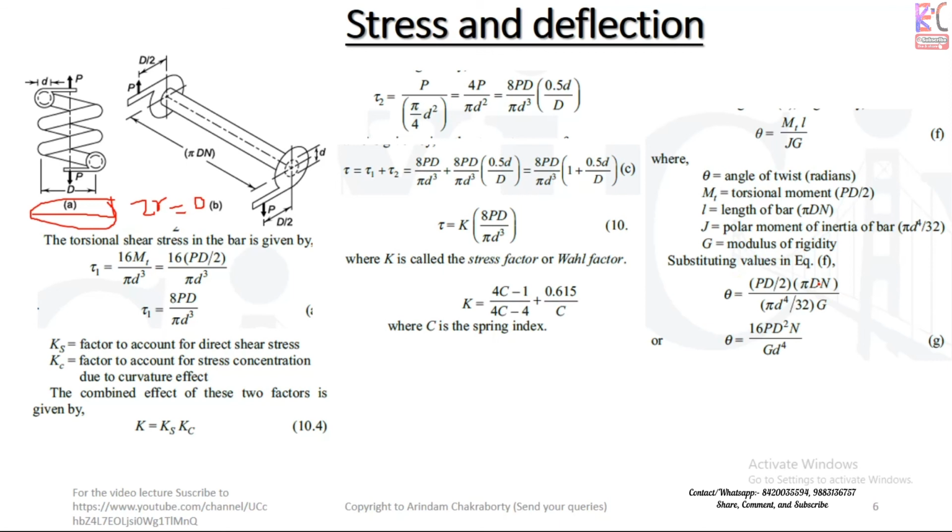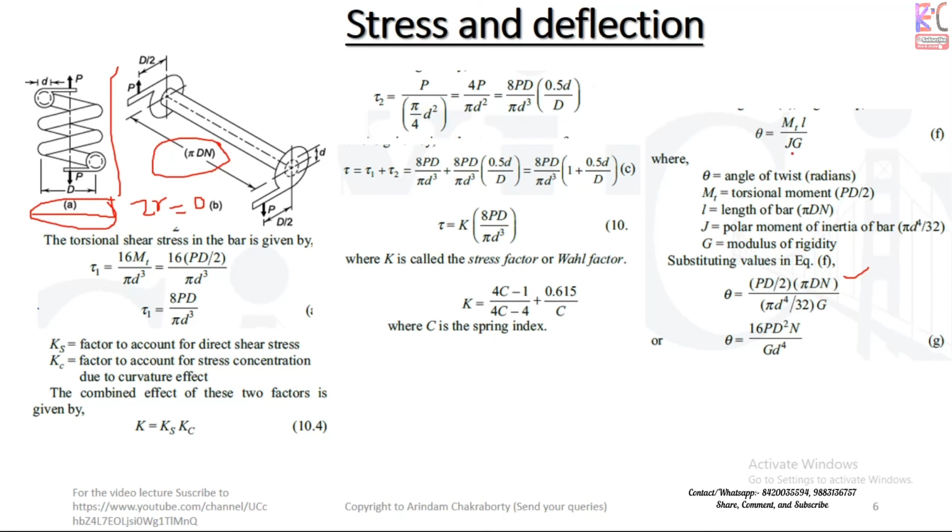So pi into D, and how many turns are there? N number of turns. That's why it's N. So this will give me the complete length, as you can see over here. This will give the wire length also, because you are converting a circular form to a linear form, a rotational dimension to a linear dimension.